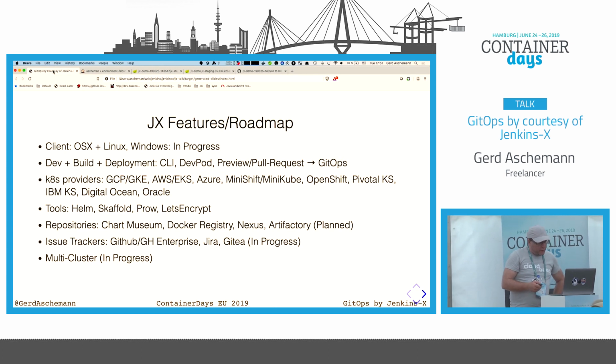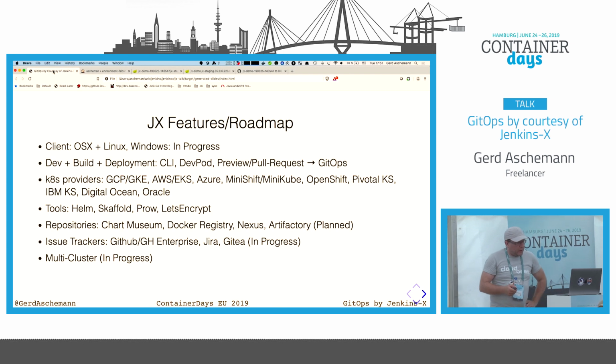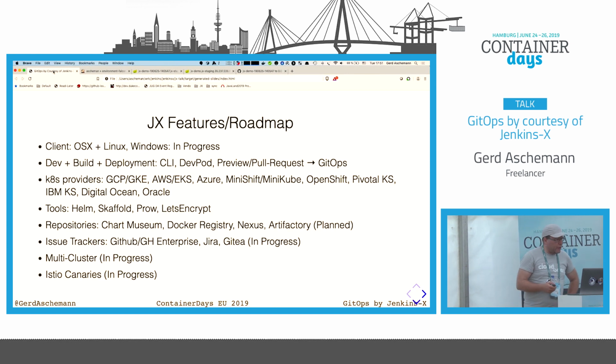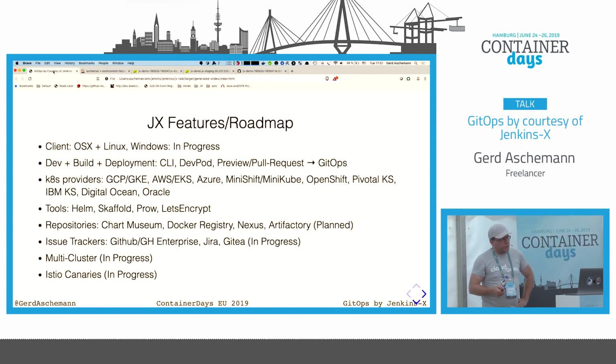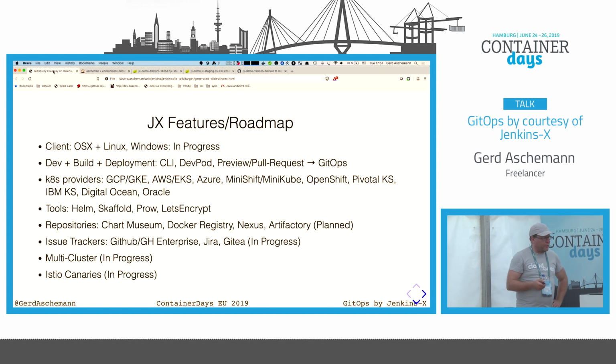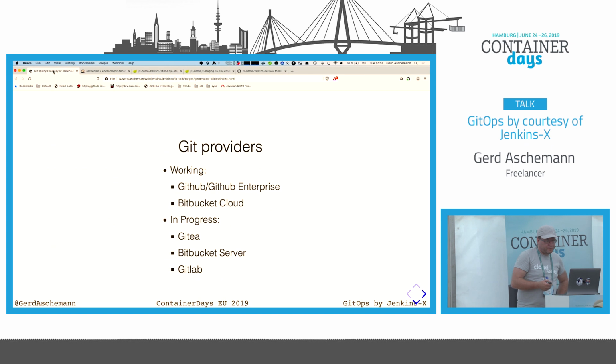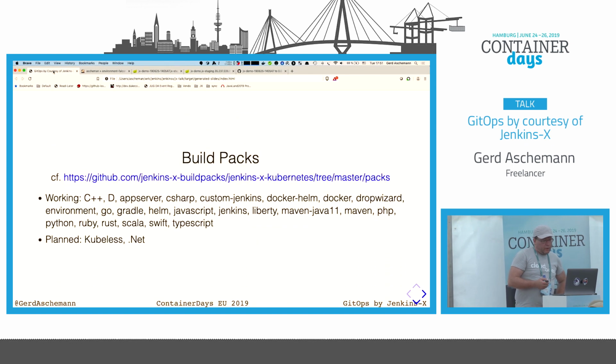In the future, I think it's already implemented, it's also able to work with multiple Kubernetes clusters. And in the future, it will also be able to perform canary deployments together with a service mesh like Istio. It provides a lot of build packs.